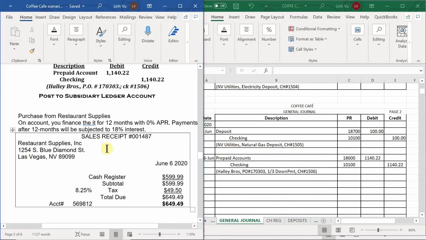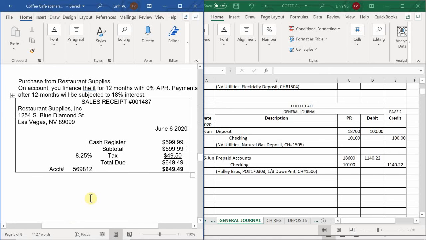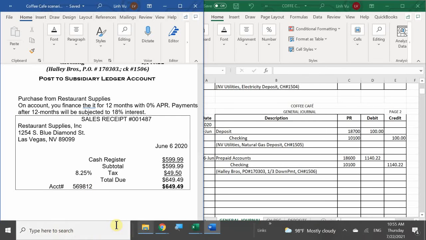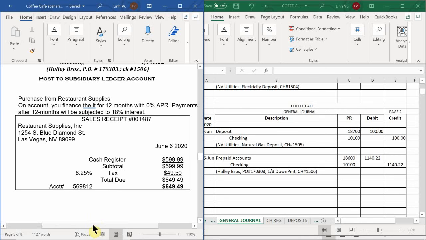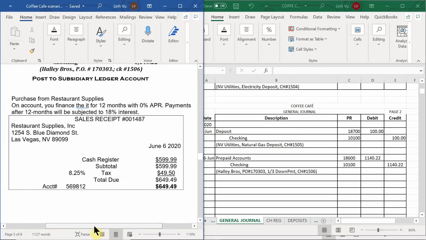There will be interest that will be up to 18%. So in this case, we financed this item right here, which, what did we buy from restaurant supplies? A cash register? We bought a cash register because we will be running our store. So we definitely need a cash register to safeguard our money so we can exchange it with our customers.